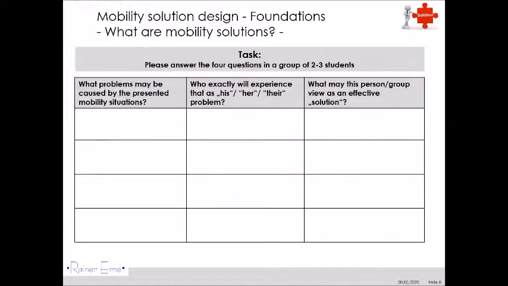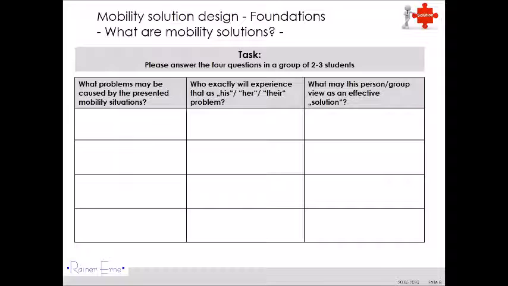So that you get a first grasp on this, I have 3 questions for you. Originally, I wanted to do this as a group work of 2 to 3 students, but now my request would be that you do it on your own. When you look at these 3 observations I have presented, please be as specific as possible in indicating what problems might be caused by the presented mobility situations.